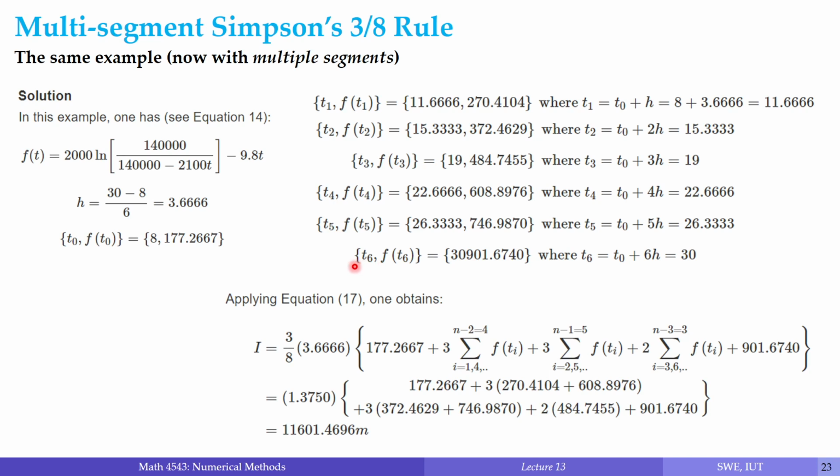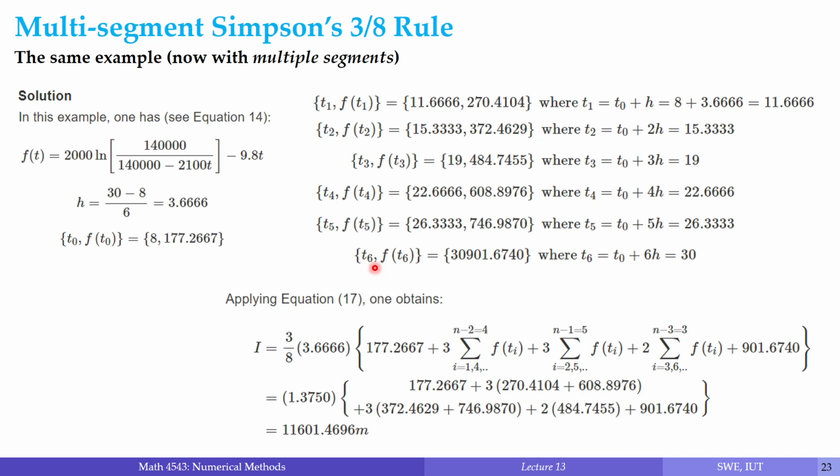How do we do that? We add h to t0 to get t1. We add 2h to t0 to get t2, because t2 is 2 steps ahead of t0, and so on. We follow the same pattern to calculate t3, t4, t5, and t6.